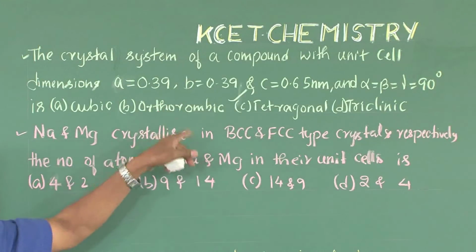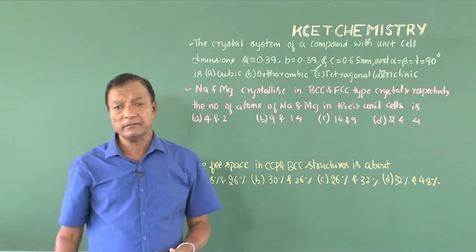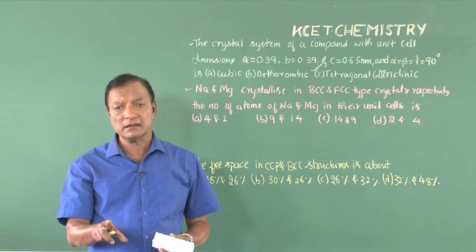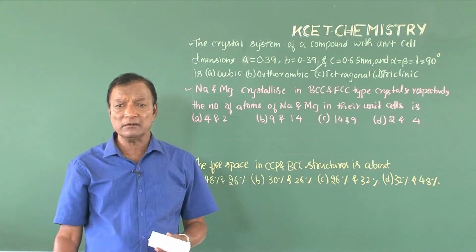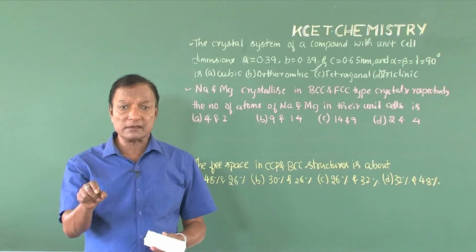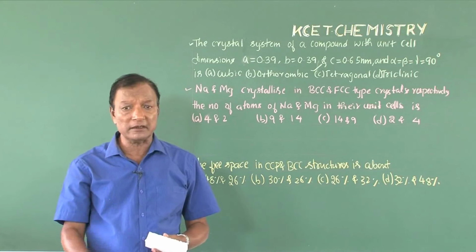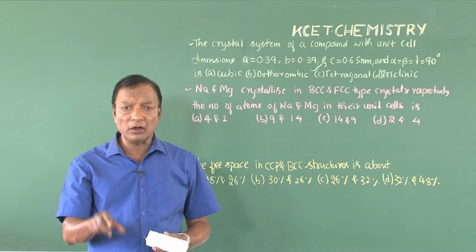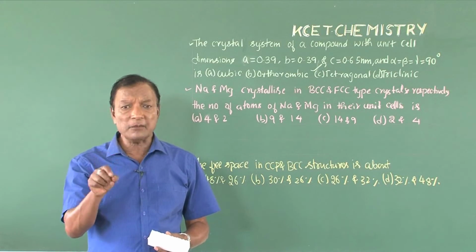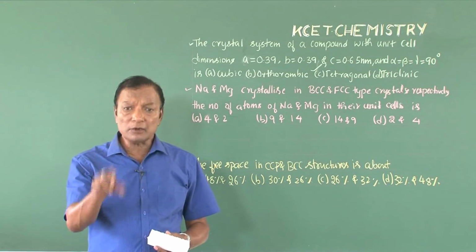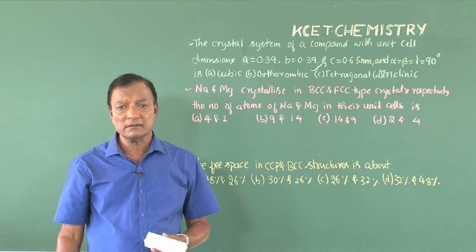Coming to this orthorhombic, here we have length, breadth and height, the edges. Edges are unequal, but the angles, alpha, beta and gamma, they are equal to 90 degree. Can you recall such a type of the geometry in some of the day-to-day used materials?